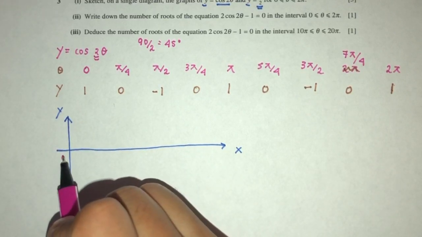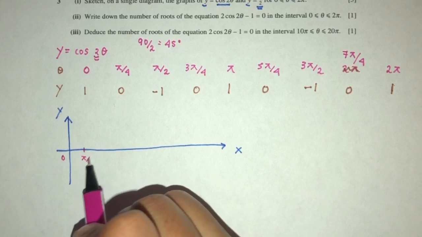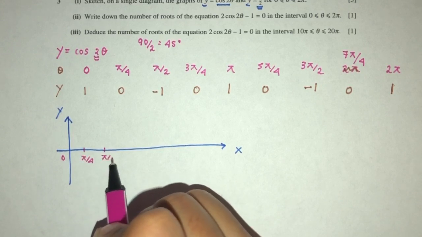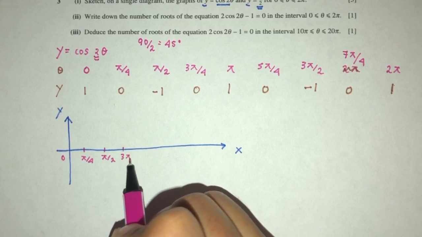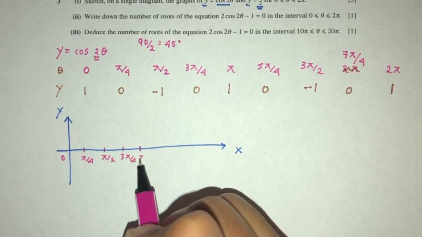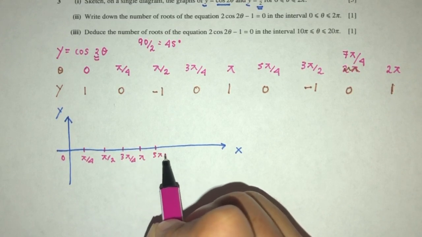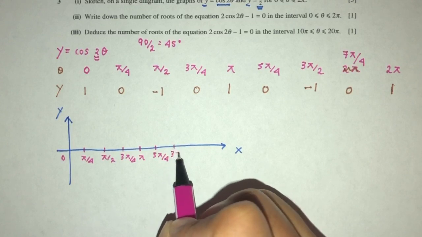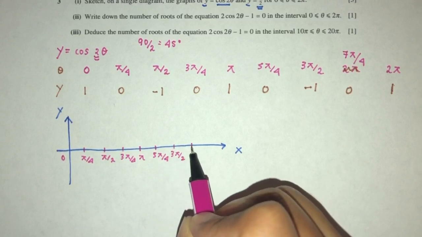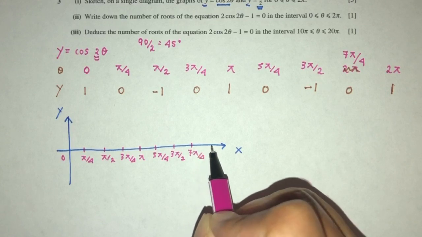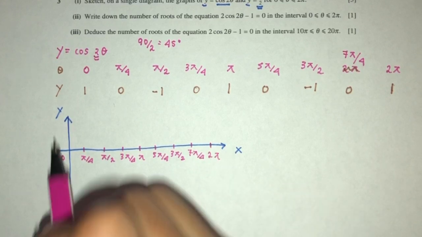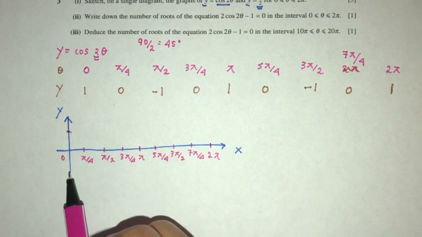Now here we have 0, here we have pi by 4, pi by 2, 3 pi by 4, and that should be 2 pi. That is the value of 1 and minus 1.